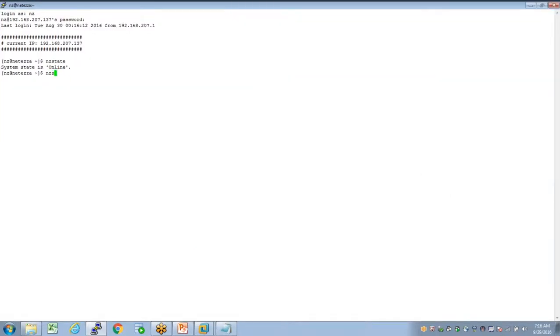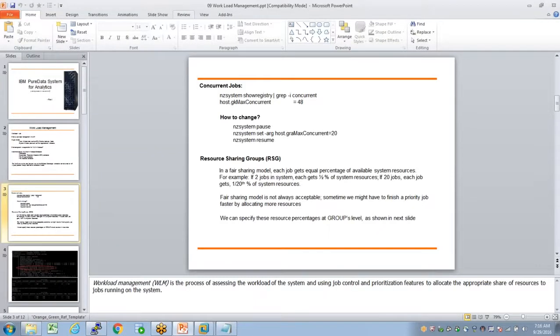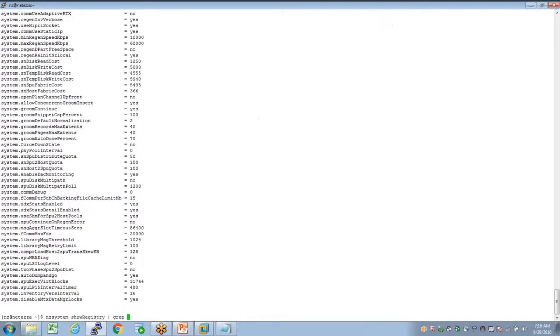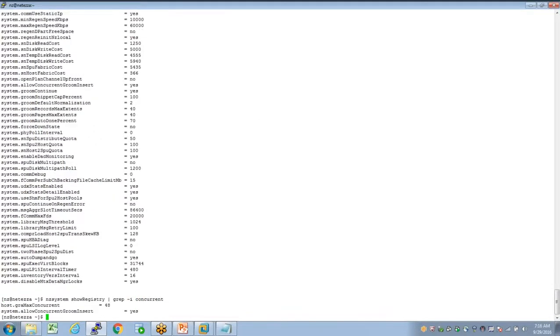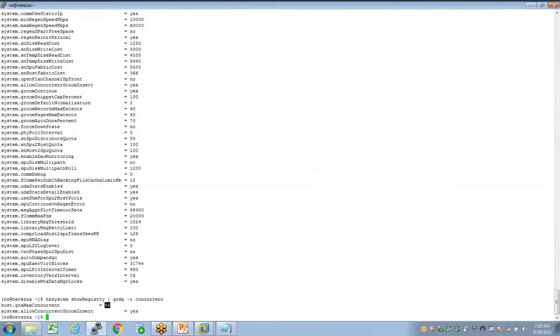I can see all those parameters using nzsystem show registry. If I grep for GRA max concurrent, I think I made a mistake there.